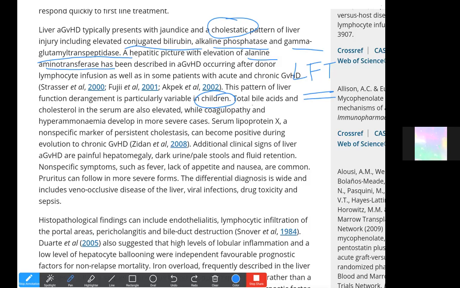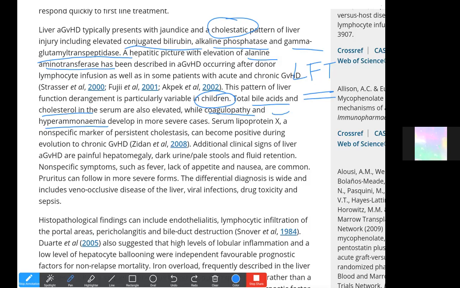Now, the total bile acid and the cholesterol in the serum are also elevated, along with coagulopathy and hyperammonemia. So all liver functions are deranged, and there could be decreased clotting factors, and because of decreased excretion by the kidney, hyperammonemia may also develop.